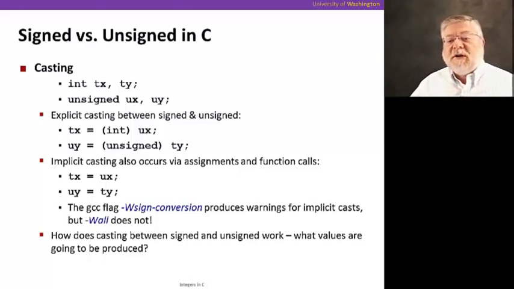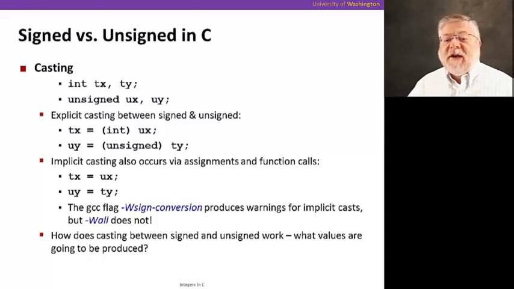Implicit casting also occurs, so we don't have to put the explicit way we want the number interpreted in parentheses. And this happens both in assignments and in function calls when we use these variables as arguments to a function.